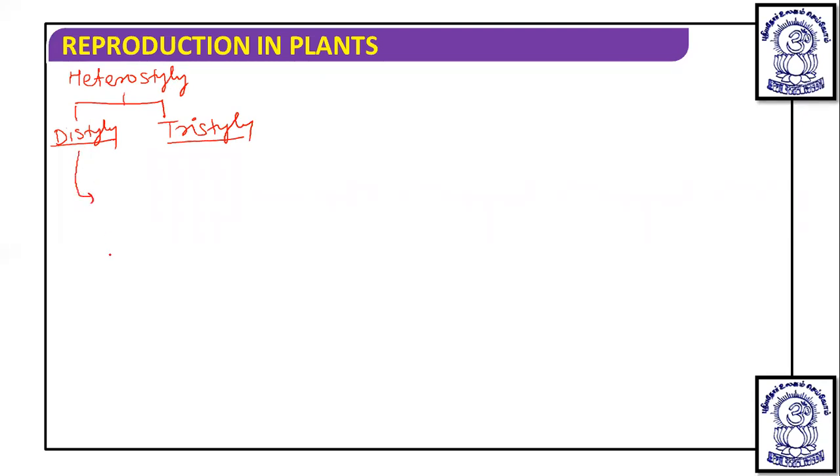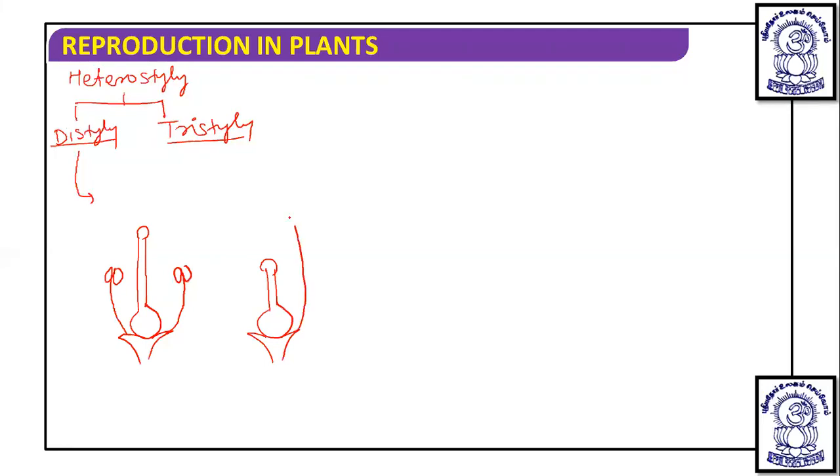I am drawing this here. Suppose this is the carpel, and here the anthers are present in a lower position. Another type of flower is also possible.